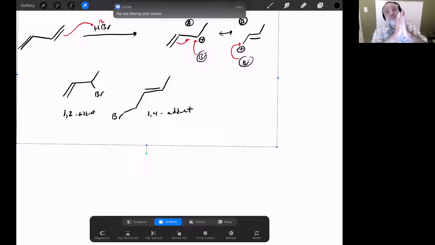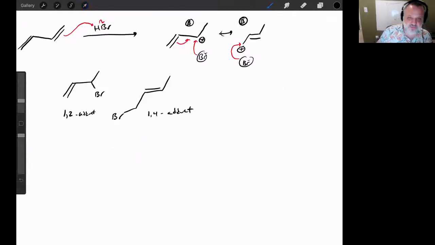Let's switch over to the whiteboard, see if I can, and let's start talking about this first conjugate addition. Oh, it worked. Okay, so I'm not going to redraw what I had on there now, but this is where we started. We're talking about butadiene and the addition of HBr, and the mechanism goes like this, right?